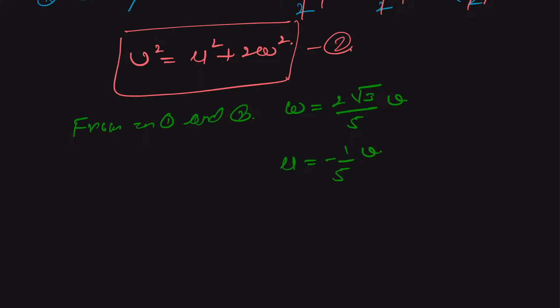The negative sign means that ball A will be moving in the reverse direction.